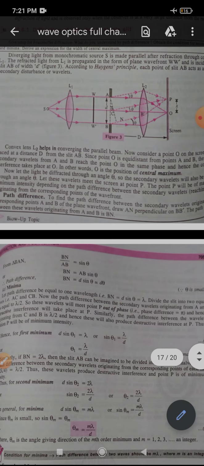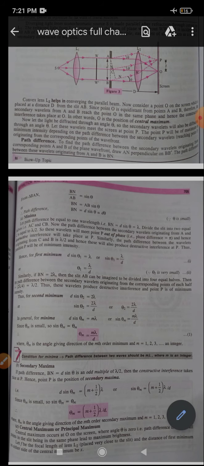Therefore BN is the path difference here, an extra path covered by that ray. So BN is equal to d sin theta, and where theta is very small, we can write d sin theta is equal to d theta.